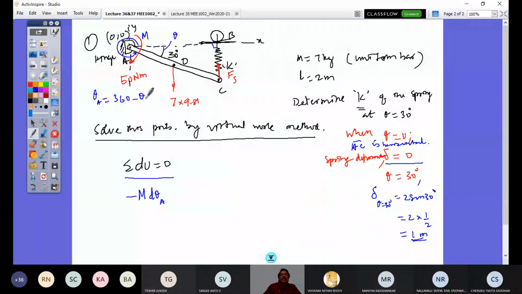So the angular displacement here, theta A, is this angle shown here. If this couple is applied, the change in angular position is given by d theta A. So d theta A is angular displacement, delta theta A, small. Let us use this letter delta.